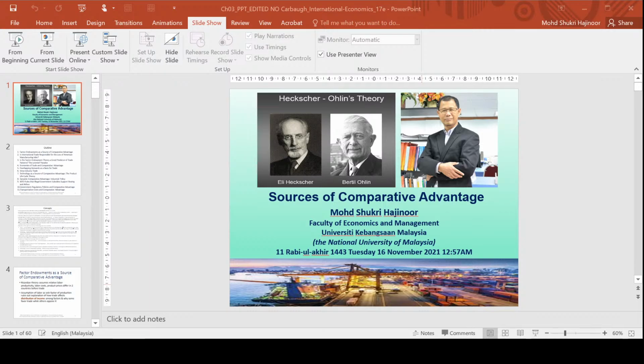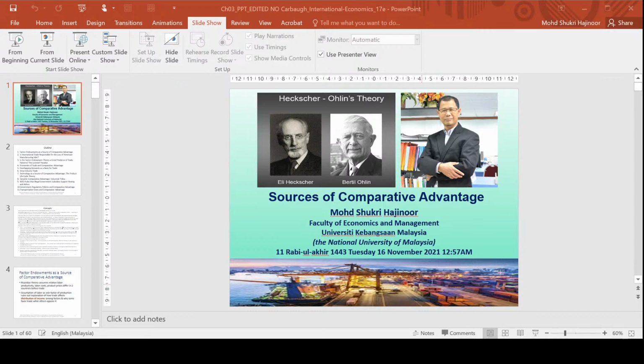You want to show a model, you keep other conditions unchanged or the same, ceteris paribus, and you only change one. Taste and technology are the same in all countries, in this case two countries only.